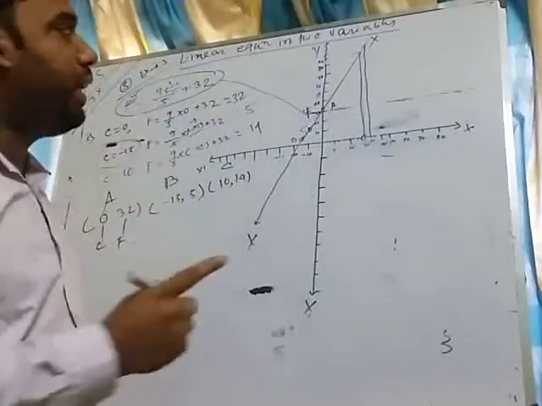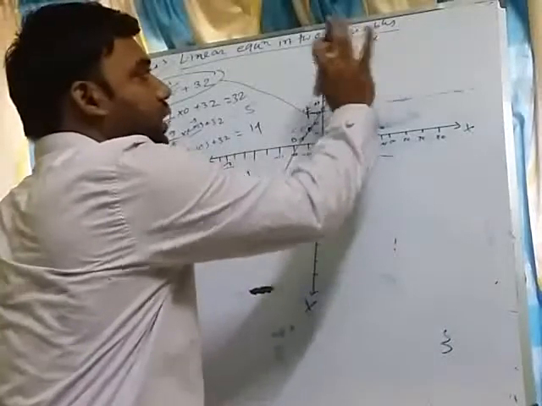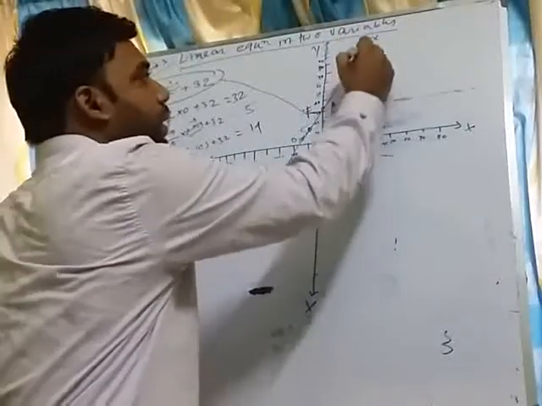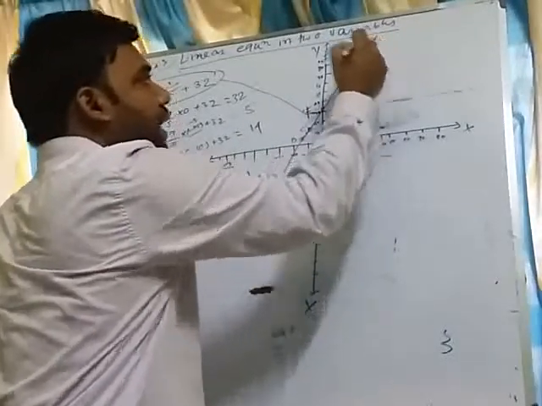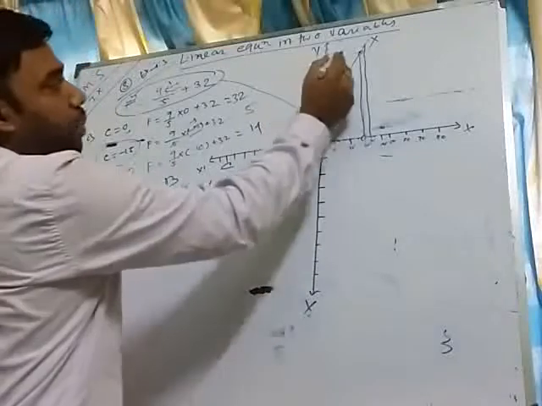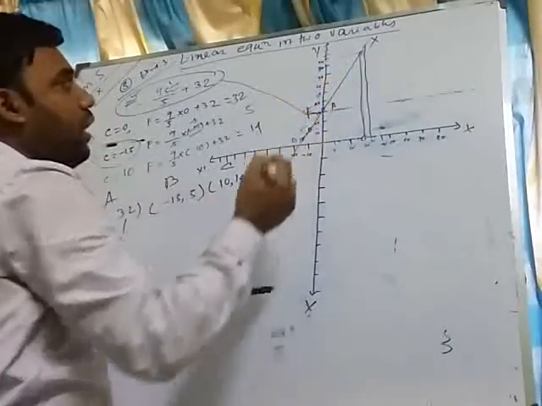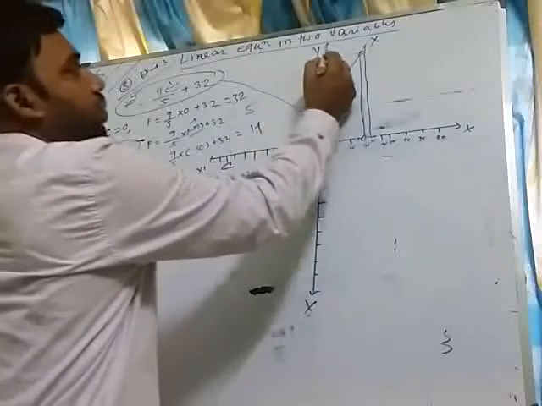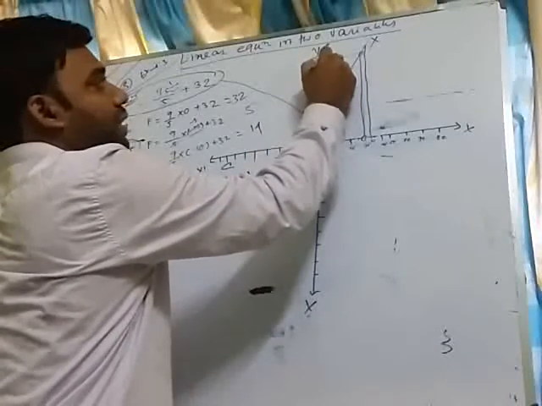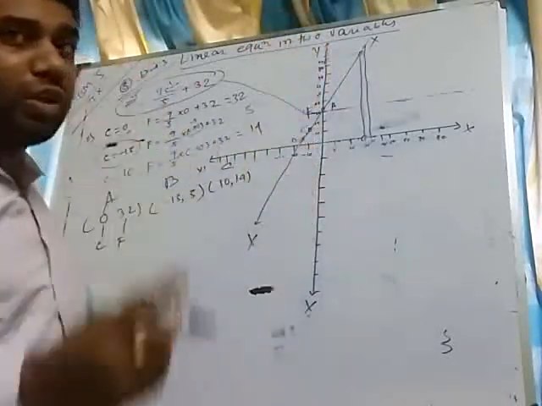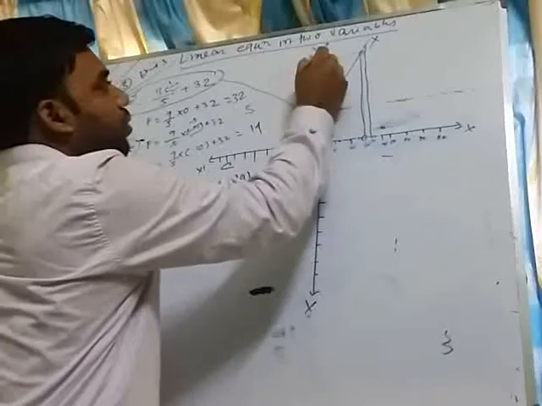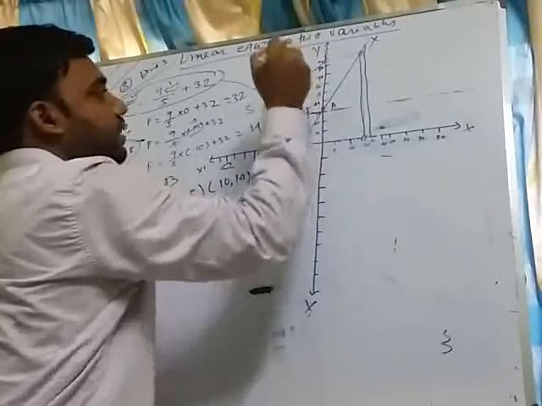Now draw a perpendicular to this line, to the point where it intersects, and draw another perpendicular from that point to the y-axis. Then you will find the meeting point on your graph paper, the value on the y-axis, that is 86.